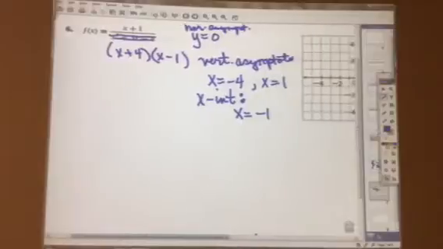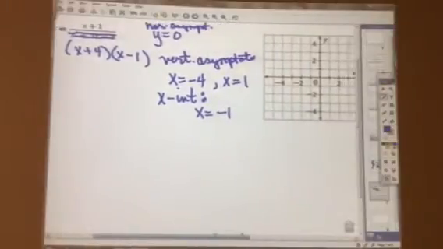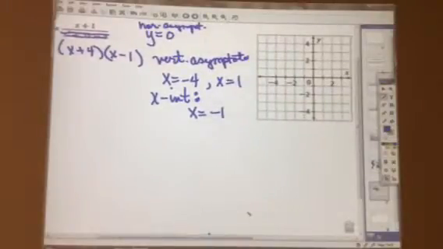So a lot of information that I should know before I start graphing it all. Horizontal asymptote at 0, so you draw your dotted line across at 0. Vertical asymptote at negative 4. Vertical asymptote at 1.